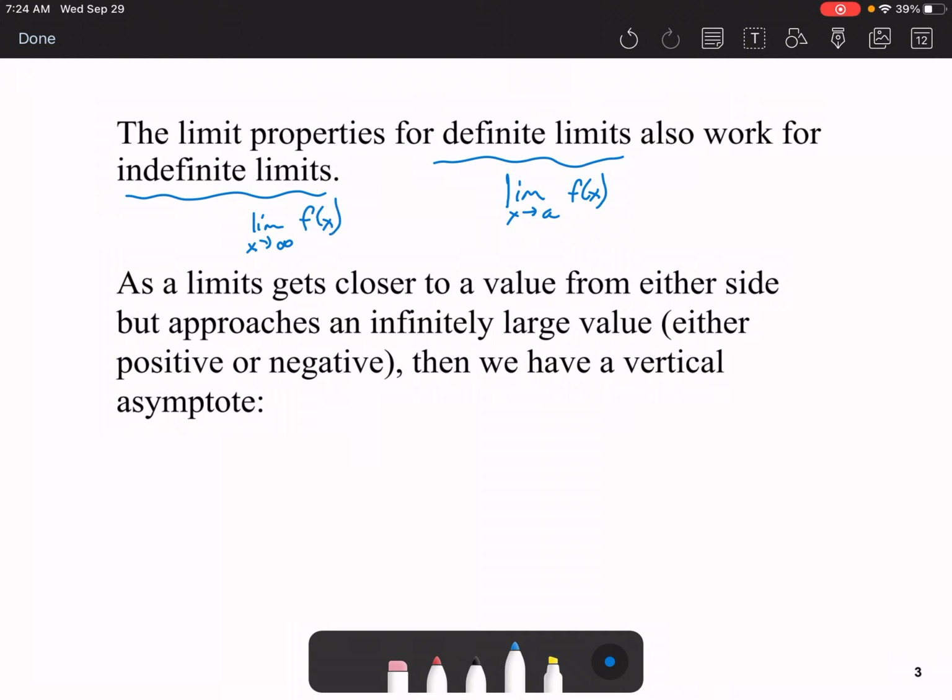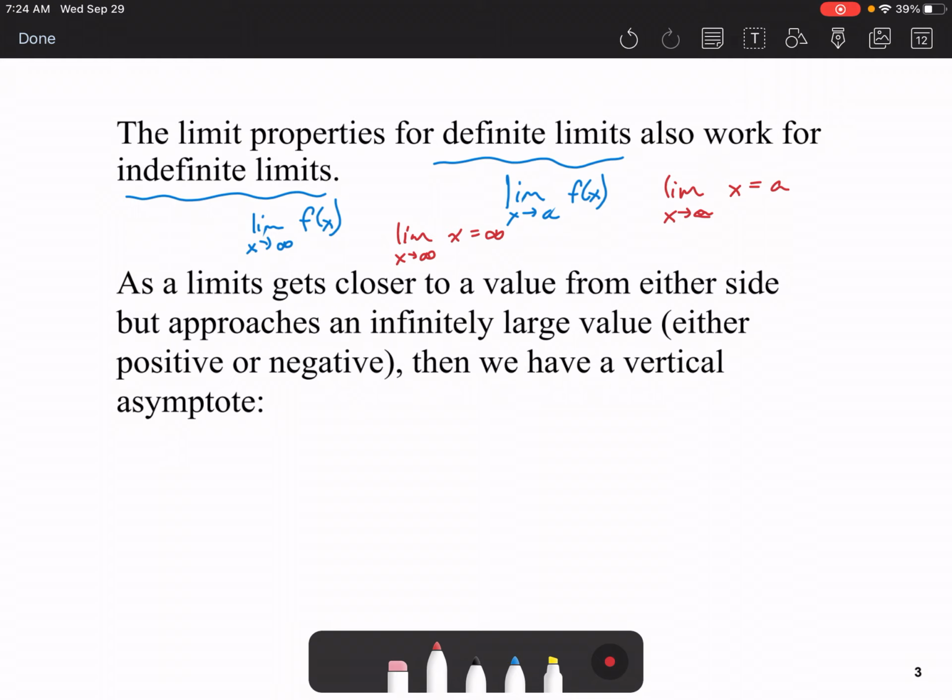So for example, calculating the limit as x approaches a for the function x equals a, whereas calculating the limit as x approaches infinity for the function x equals infinity.